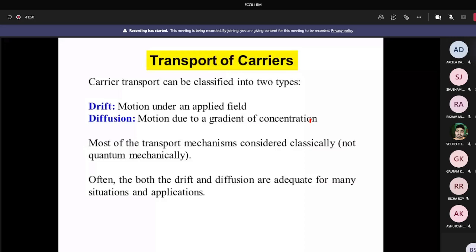That is the spontaneous movement of carriers, basically diffusion. The driving force of diffusion is the concentration gradient, and drift is the movement of carriers under any applied field.